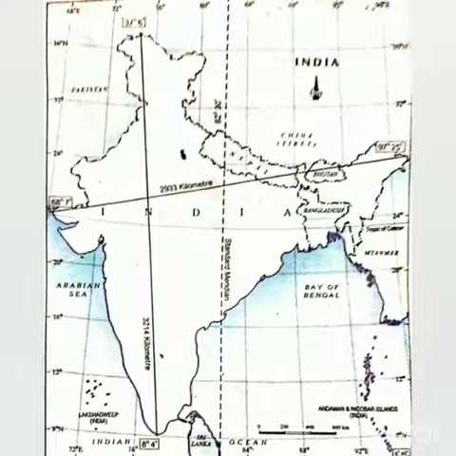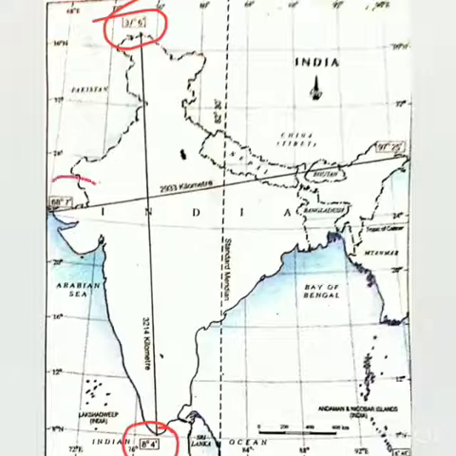See, India is located latitudinally between 8 degree 4 minutes north and 37 degree 6 minutes north. Longitudinally, India is situated between 68 degree 7 minutes east and 97 degree 25 minutes east.